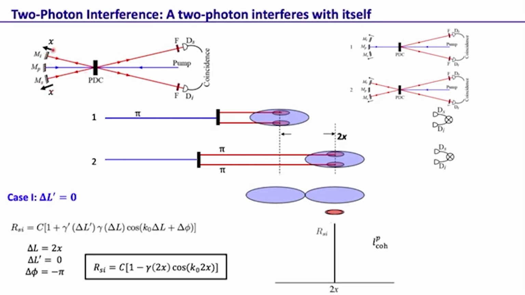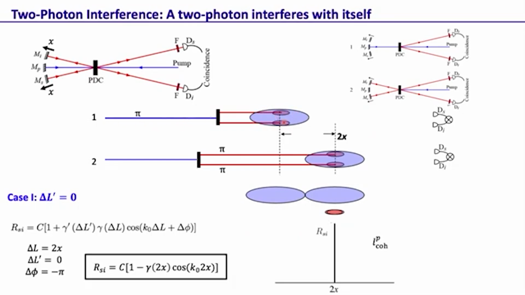From that position, if we start moving the idler and signal mirrors by an amount x in the same direction, then we can show, through this two-photon path diagram, that delta L is twice x, delta L prime is 0, no asymmetry, and delta phi is pi. In this case, the coincidence count rate is 1 minus gamma of twice x, cosine of k naught twice x.